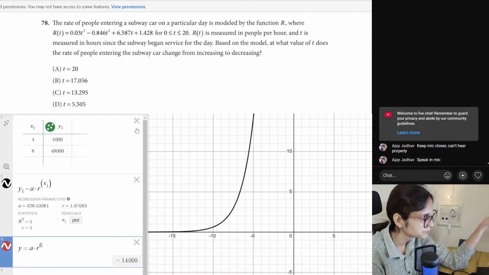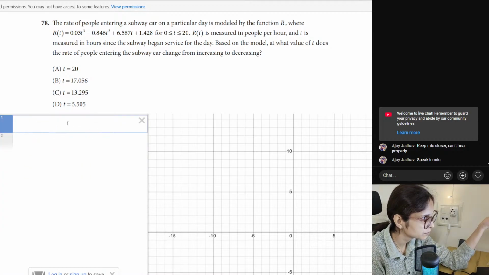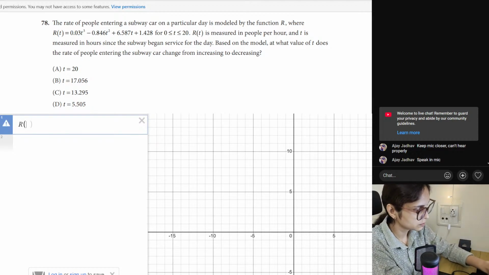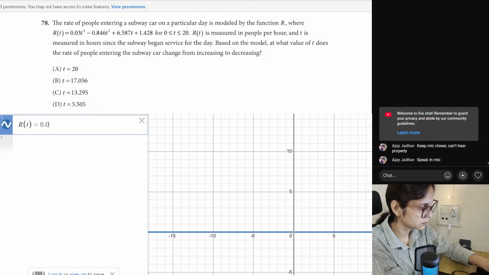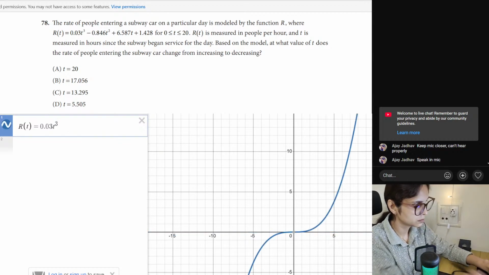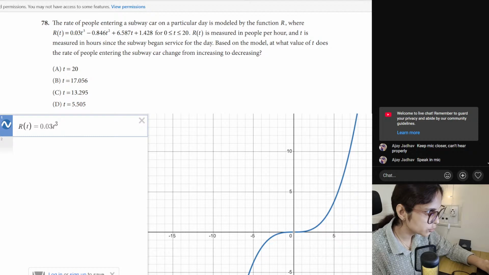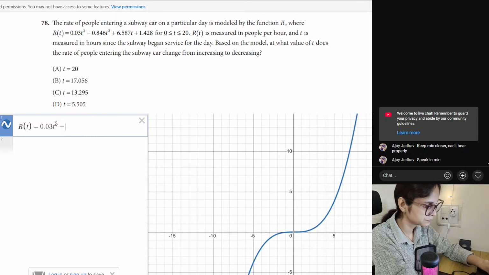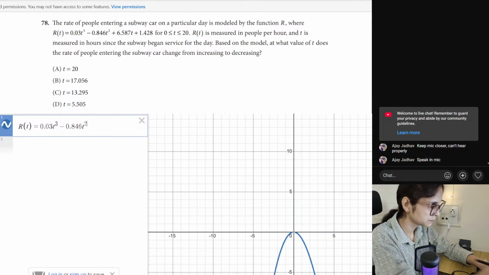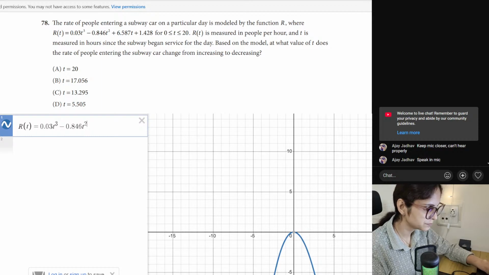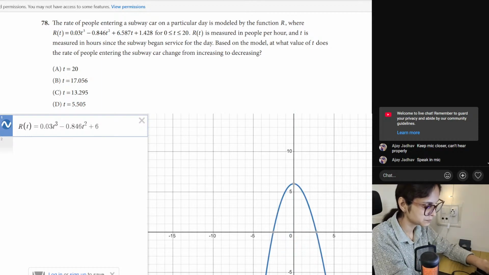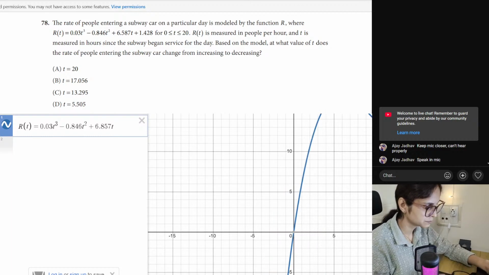We'll graph this equation. The equation is R of t is equal to 0.03 t cubed minus 0.846 t squared plus 6.587 t plus 1.428.